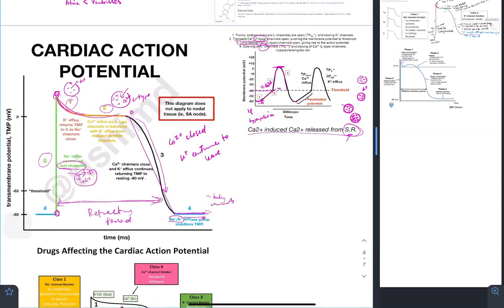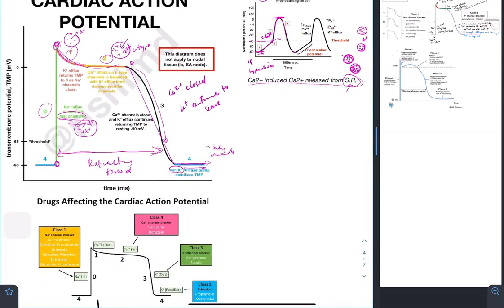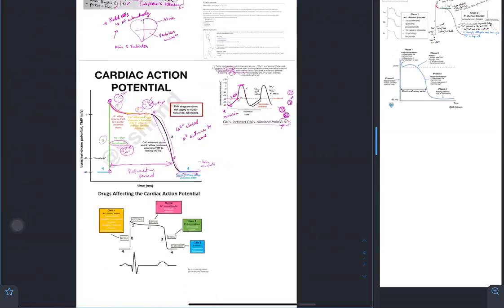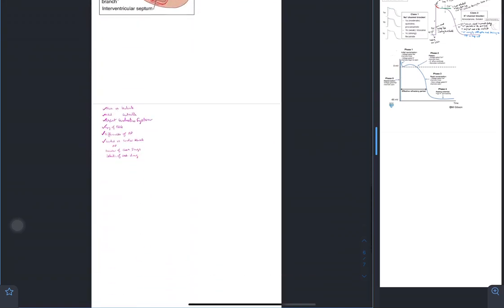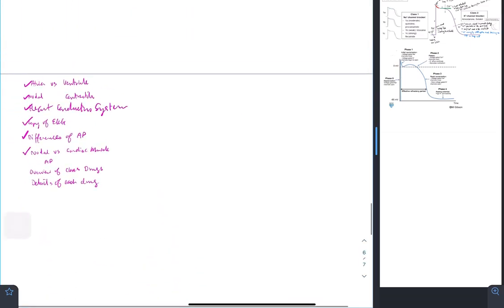Many drugs are created to target each of these phases separately. Let's get an overview of the class drugs. Drugs for arrhythmia are divided into different classes, ranging from 1, 2, 3, 4, and the miscellaneous type.